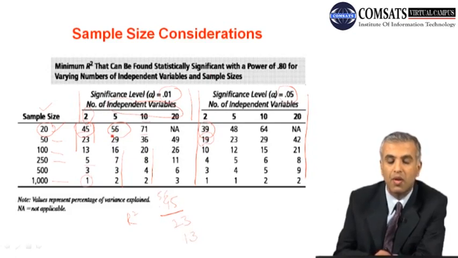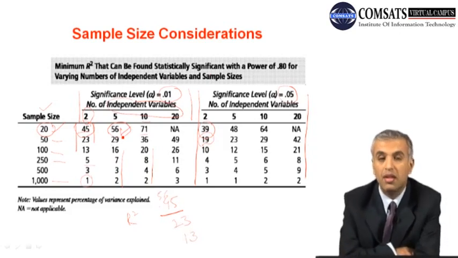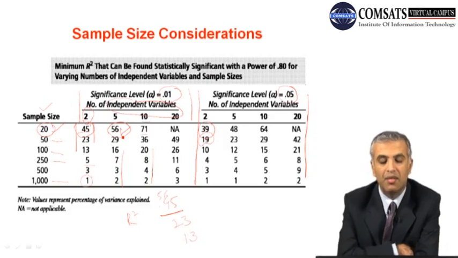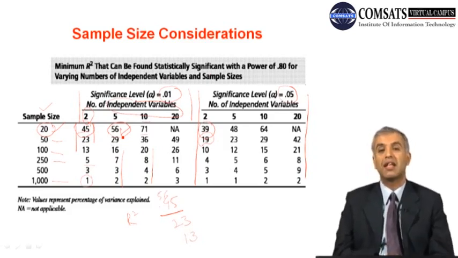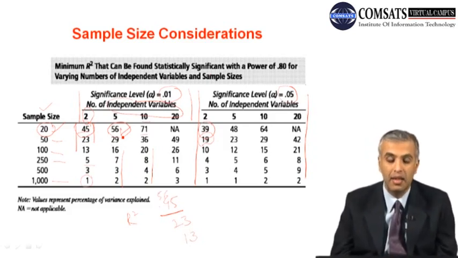So here the minimum R square calculated is 56 in this case, which is not very much of a value, because this would lead to many discrepancies in the regression equation. So again, as we keep on increasing the number of independent variables for a sample size of 20, you can see that we cannot effectively predict R square, and the minimum R square which can be detected keeps on increasing, which is not a very good sign in regression.